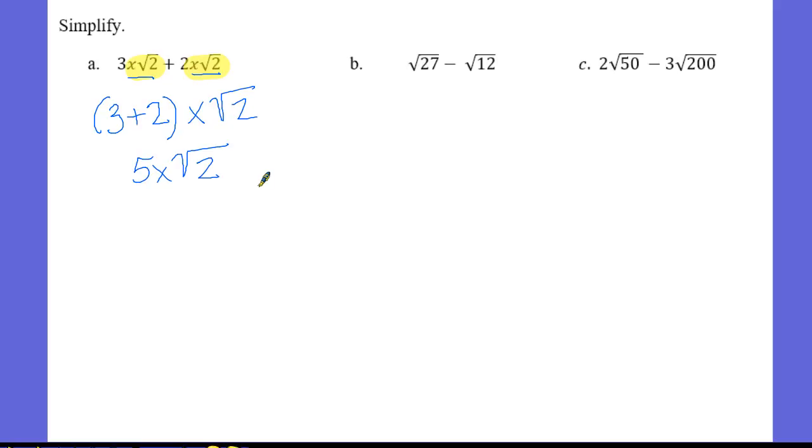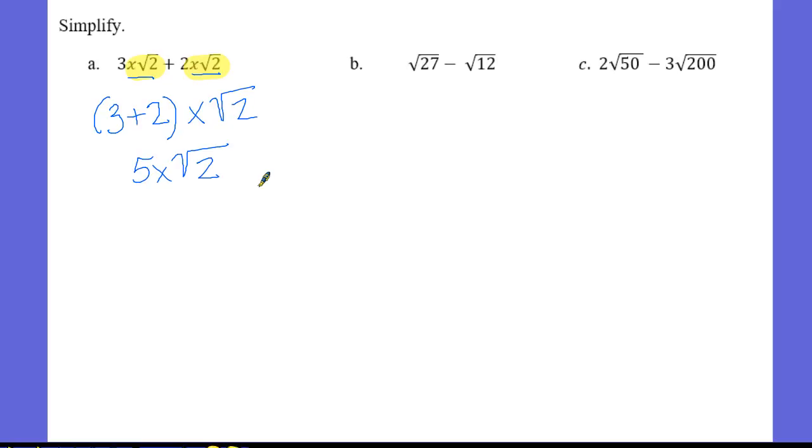And I'm sure that a lot of you can see that without the factoring step, and that's okay. But for note purposes, I'm always going to factor. Factoring is coming up soon, so I'm just bringing it back now.